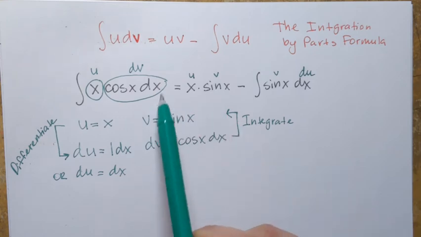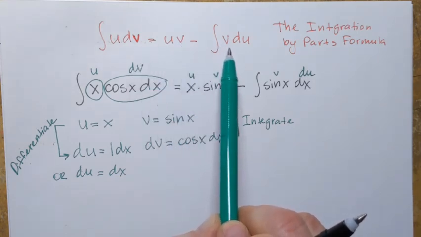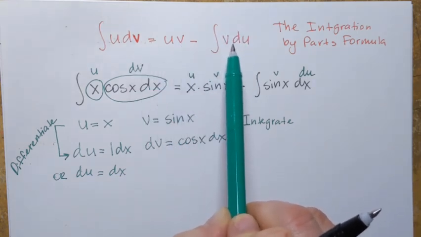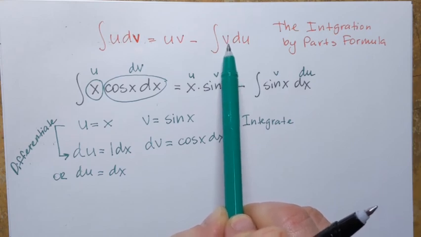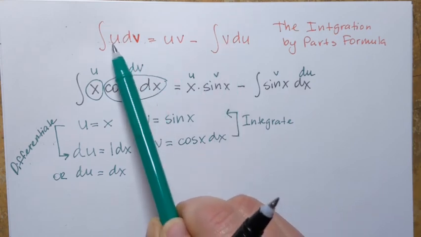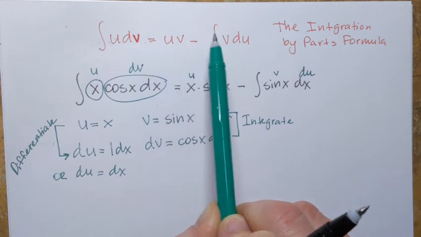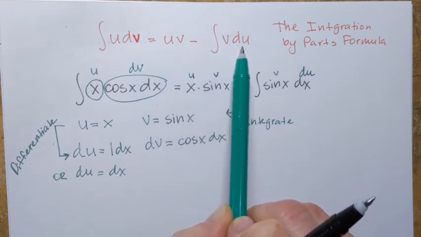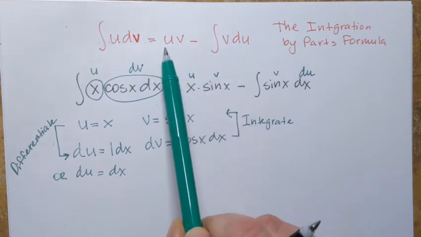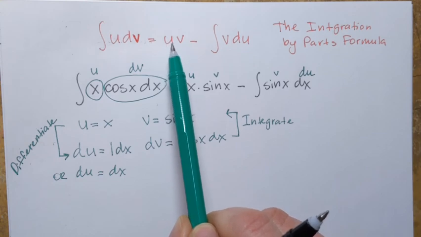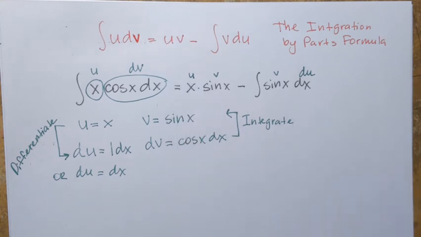By the way, notice that in this formula, on the right-hand side within that integral, we have the opposite things. If it's u dv on the left-hand side, then on the right-hand side it's v du. So that's how you can remember the formula, and that part is simply u times v.